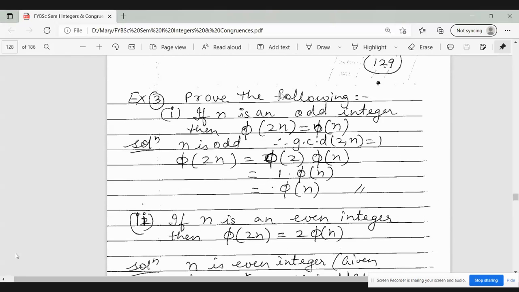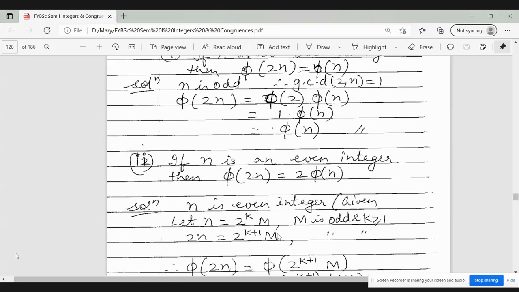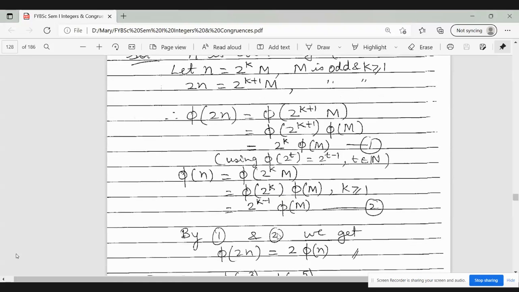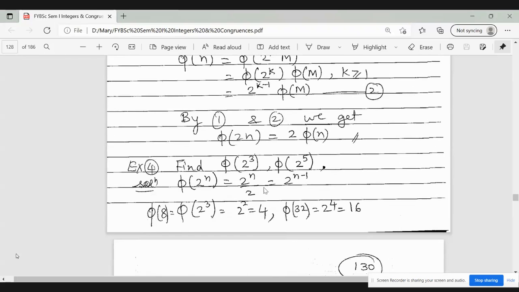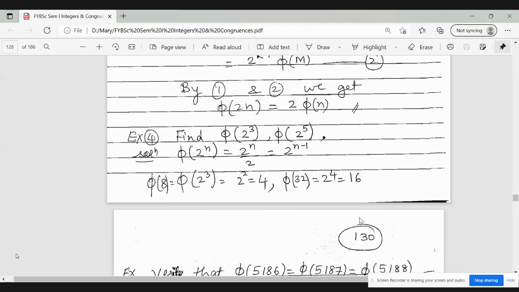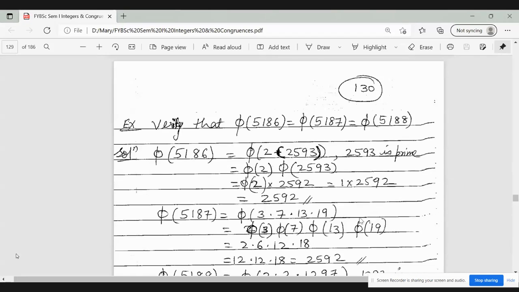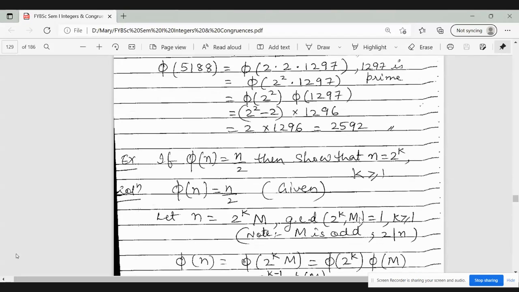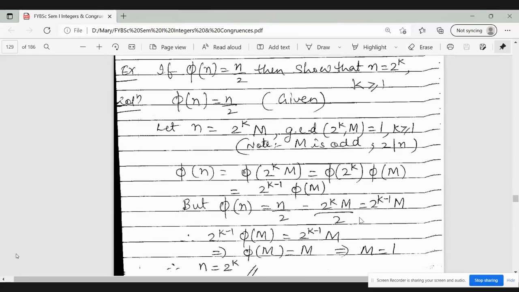Phi of 2 cube is 2 cube divided by 2, so it is 2 square. Phi of 2 raised to 5 is 2 raised to 5 divided by 2, so you get 2 raised to 4. So these answers you can write directly. Only this part we'll do and complete for today.